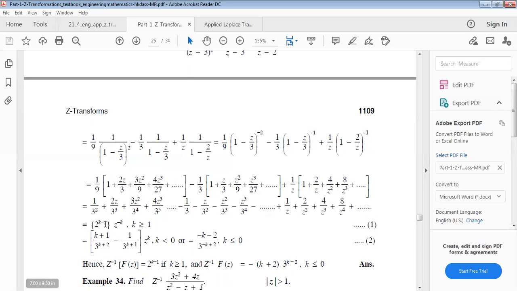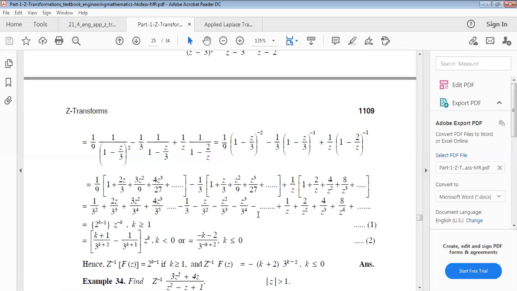Actually 2 to the power k minus 1, z to the power minus k, here 2 by z square, and 2z by 3 cube. So 2 to the power k minus 1 will be for k greater or equal to 1, and (k plus 1) divided by 3 to the power (k plus 2).